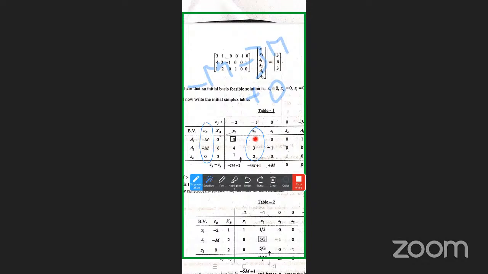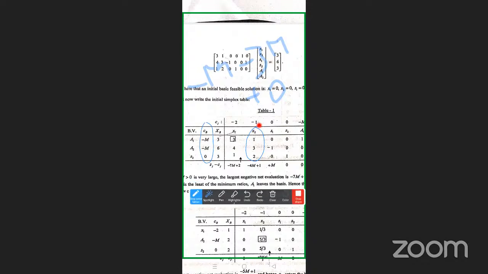Minus M, first one. Minus 3M, second one. Plus 0 into 2, 0. So therefore, minus 4M minus of minus 1, plus 1. Formula: CB into XJ minus CJ. So total minus 4M plus 1. So next, S1.